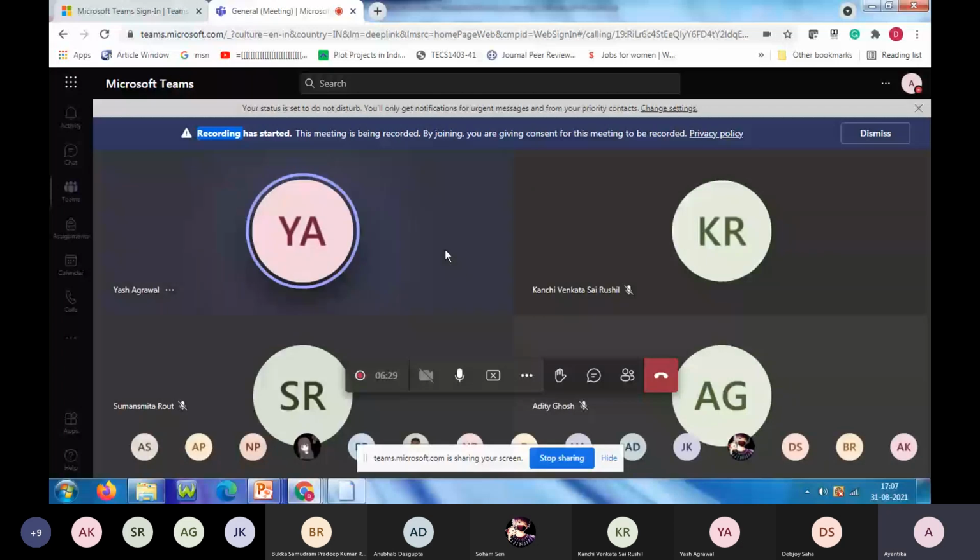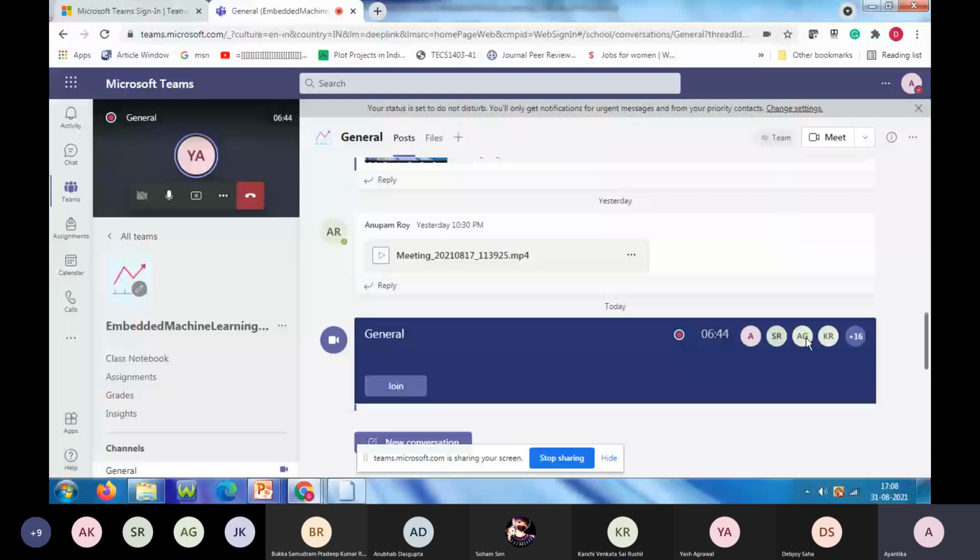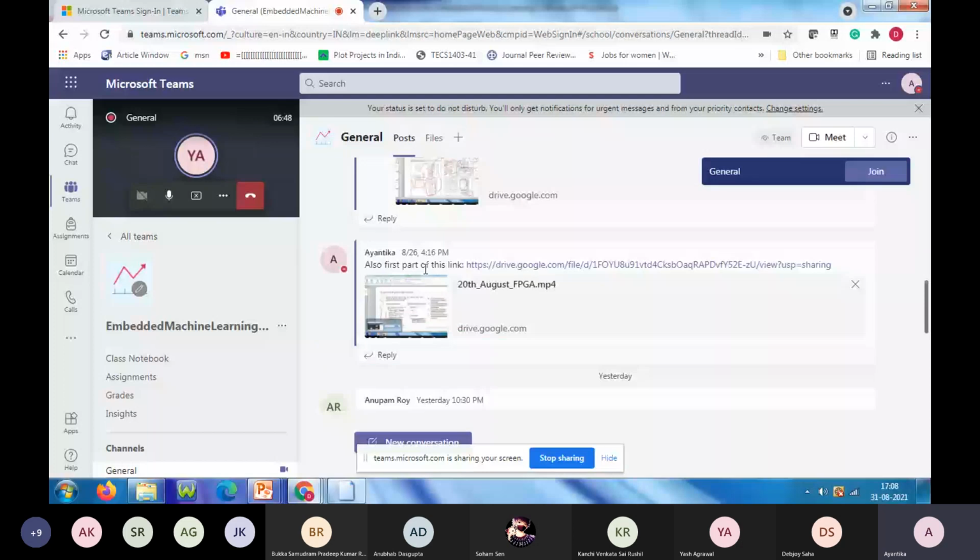Ma'am, the link is not visible. Can you please repost the link on the chat? Here I can see on 26th I have shared. Okay, I'm reposting. How to repost? I'm just copying it. Is there any option? I cannot see any option.